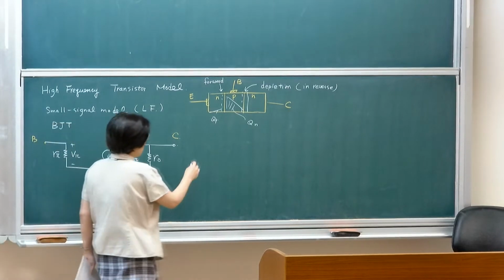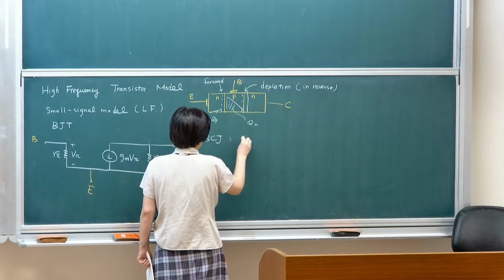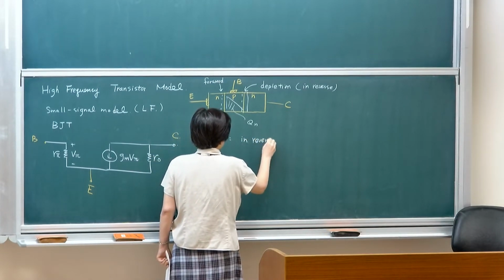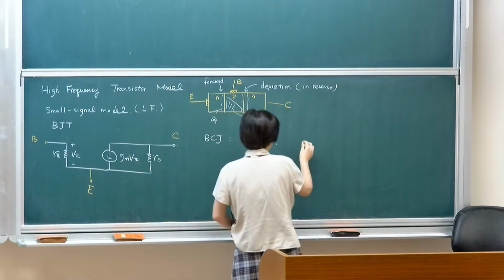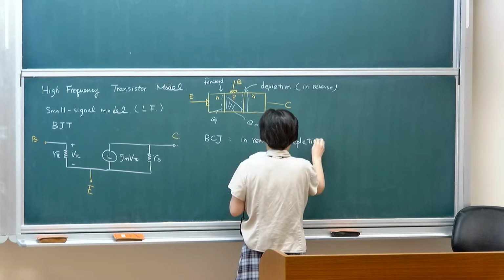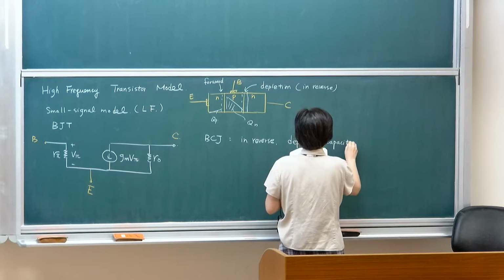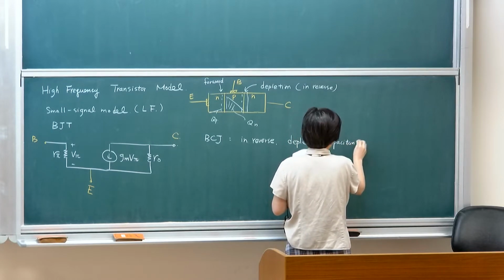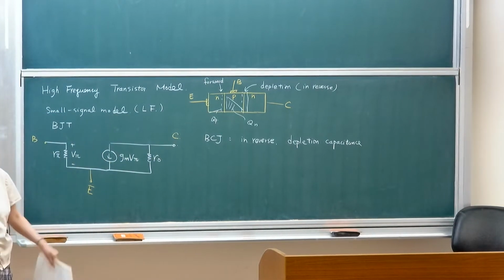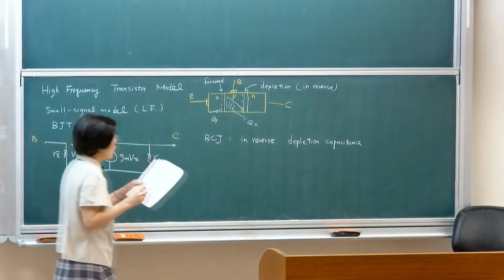in reverse bias, you think about it, for my BC junction, in active mode it is in reverse. Therefore, between them, there should be depletion capacitance. So go back to the device: depletion capacitance decreases as the voltage across the junction increases.